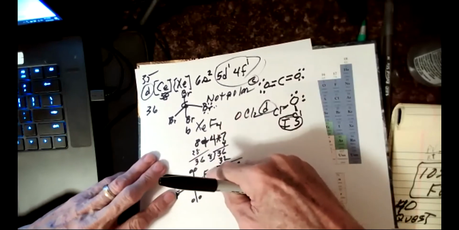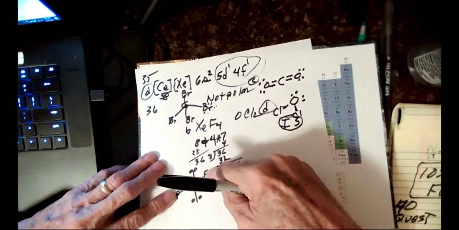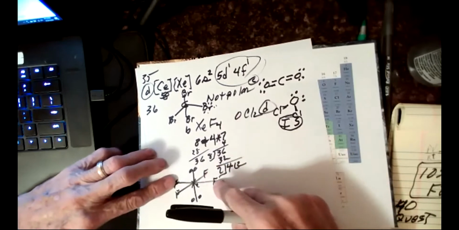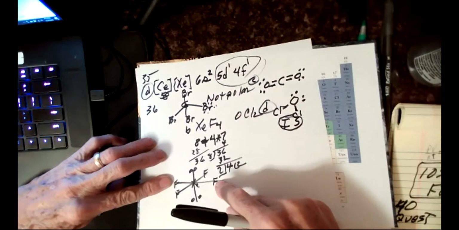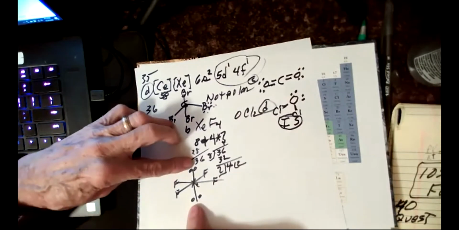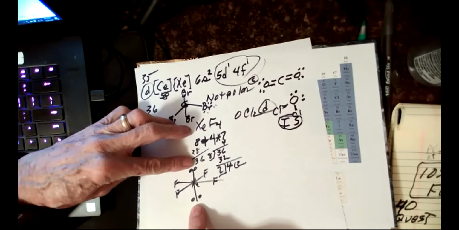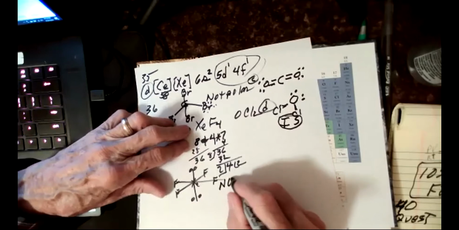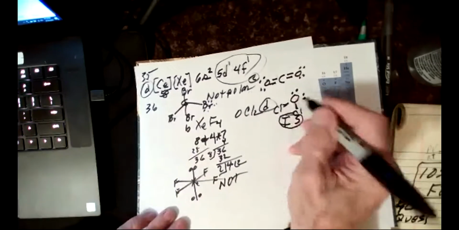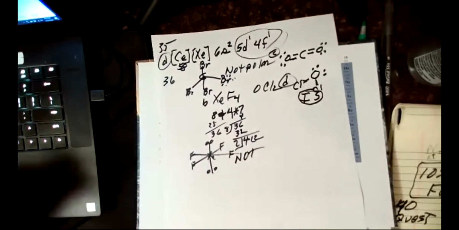They're the same on each end. It's not polar along that line. There's another line. It's the same thing on each end. It's not polar along that line. Here's the third line. It's got the same thing on each side, a pair of electrons. So it's not polar. So this one is not. The only one it is Cl2O.